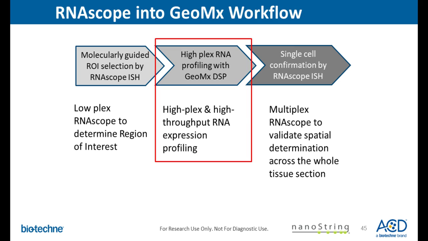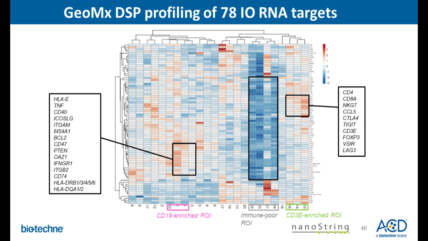After identifying these 24 regions of interest, they were then analyzed using the GeoMx DSP. The GeoMx DSP panel that we chose is the IO panel, which consists of 78 immuno-oncology related targets.